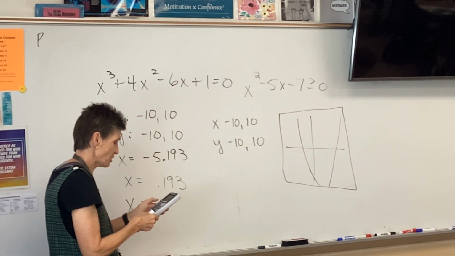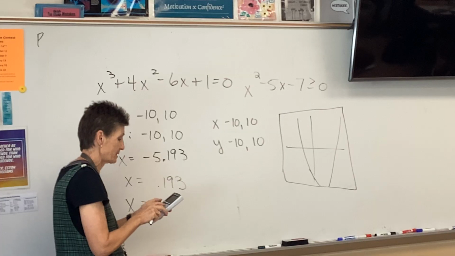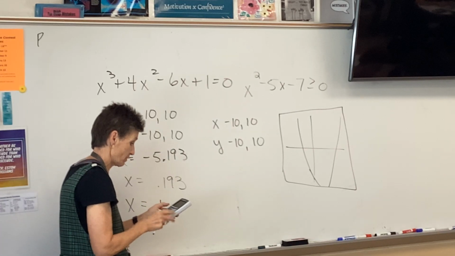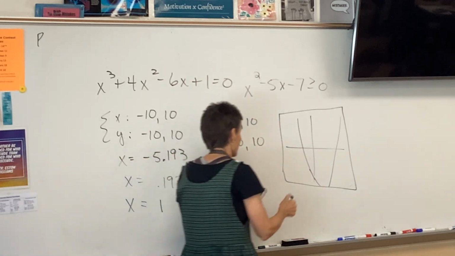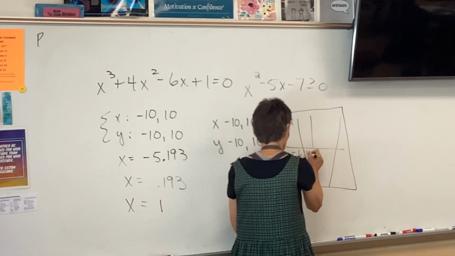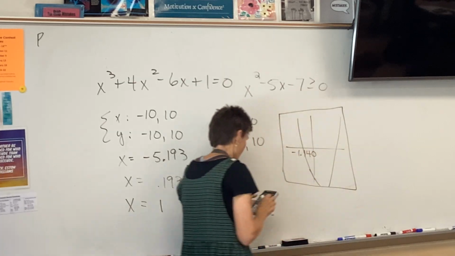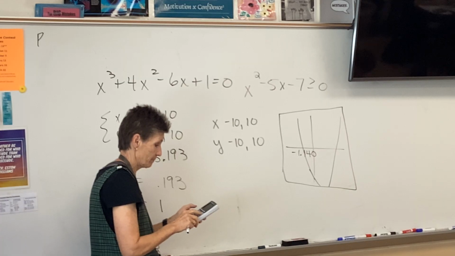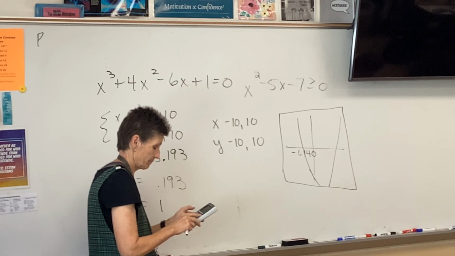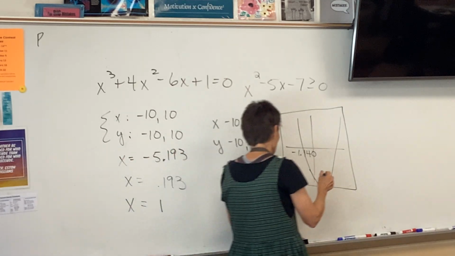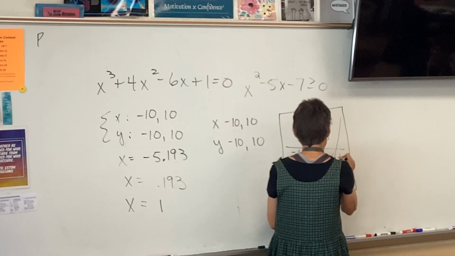Now, what makes this one different? You know what makes it different. Well, there's only 2 points, first of all, so that's one difference. Negative 1.14, and 6.